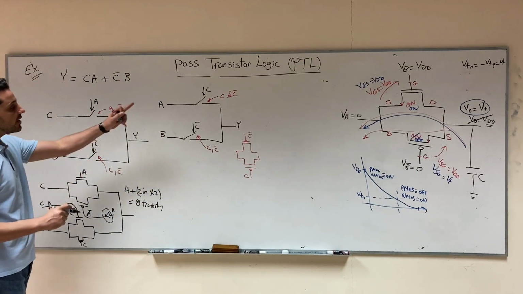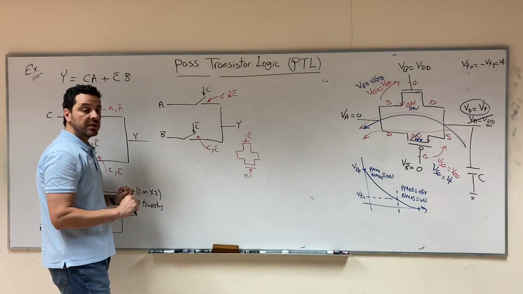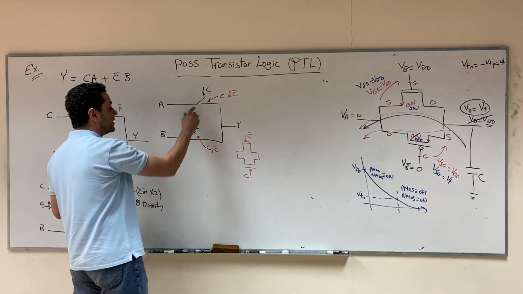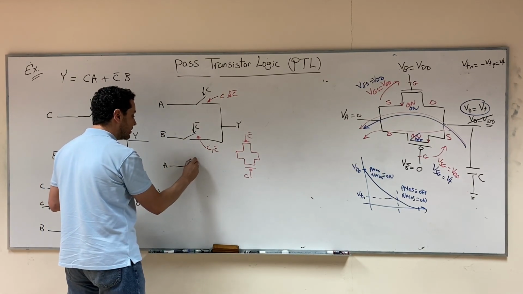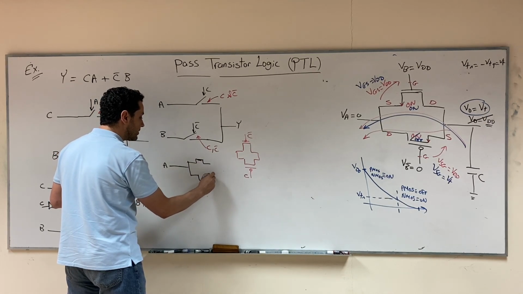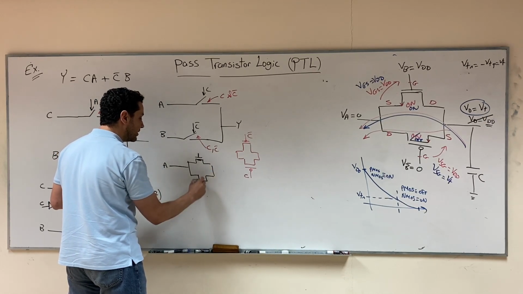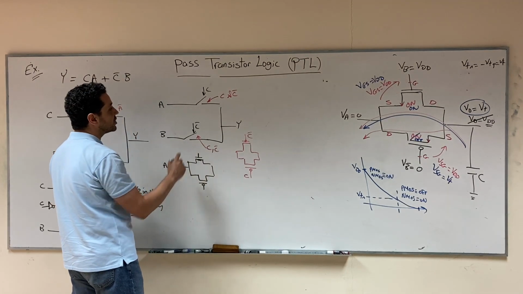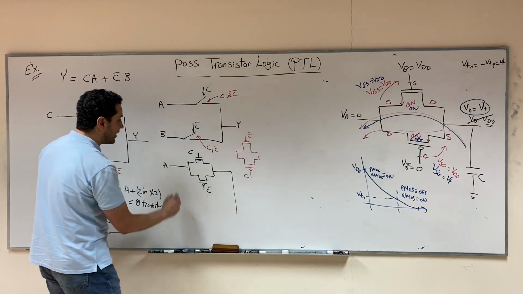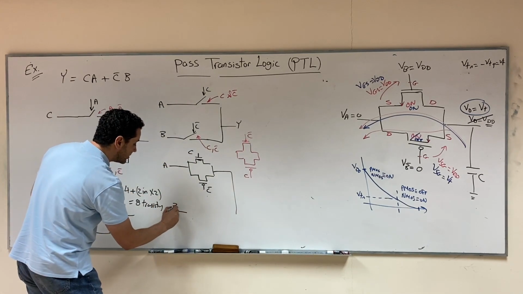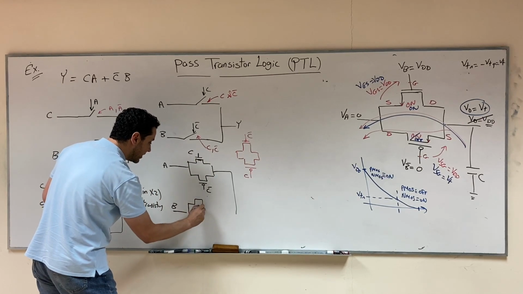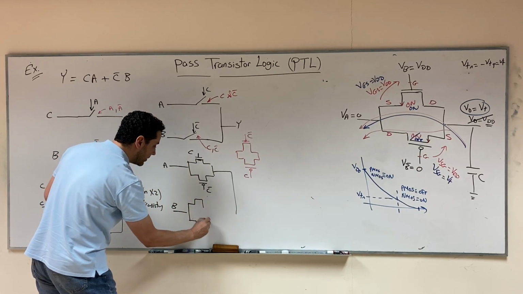While if we implement our gate using this structure, we will have A as an input and then a switch here, which consists of an n-mos and p-mos transmission gate. And this switch is controlled by C and C bar. And then the other branch, B, and then a switch, again a transmission gate, n-mos and p-mos.